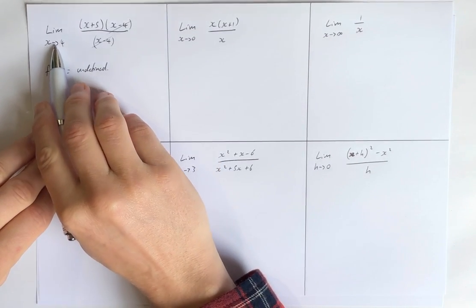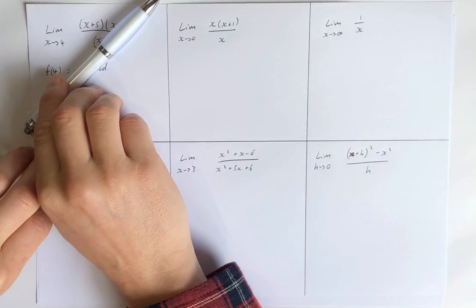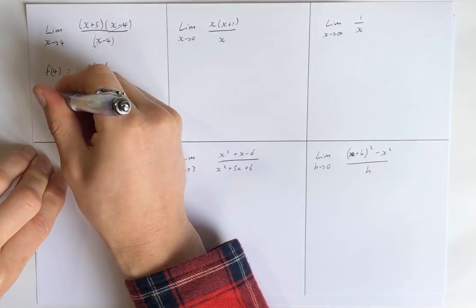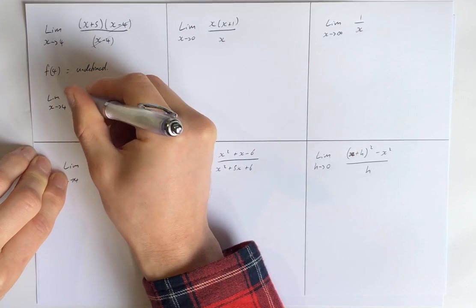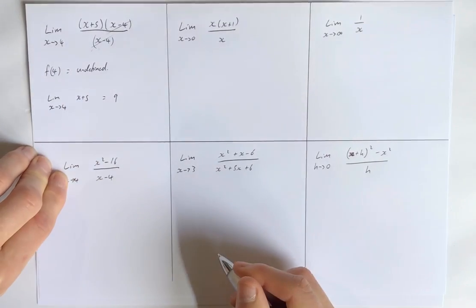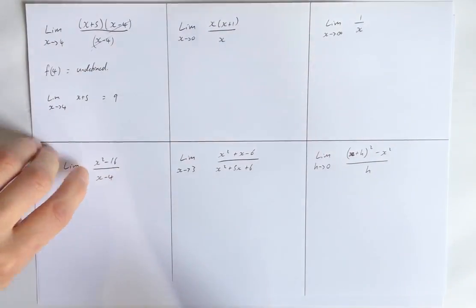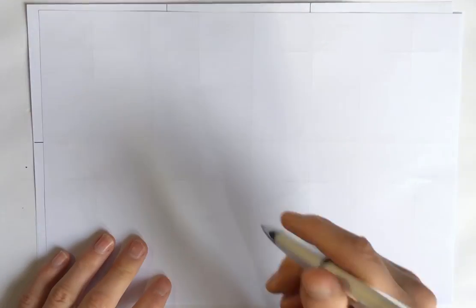Now, what happens as I get closer to 4? Well, I've only got x plus 5. So the limit as x goes to 4 of x plus 5 is 9. If we were going to look at this graph, it's actually a straight line graph. It would look something like this.